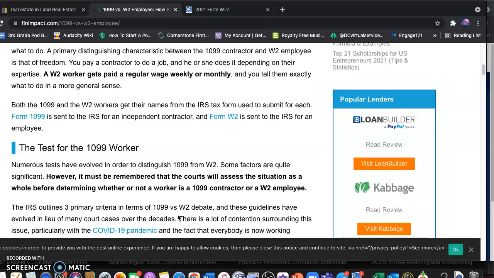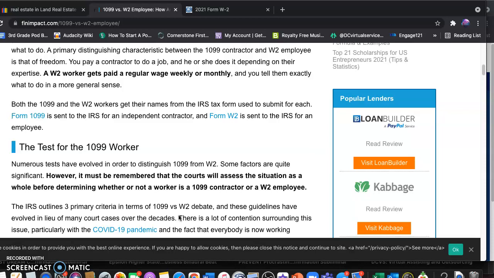So how does the IRS know whether you are an employee or a 1099 contractor? There's a series of tests that you will go through as an employer and as a self-employed individual to figure out whether a person or yourself is an employee or a 1099 independent self-employed contractor.